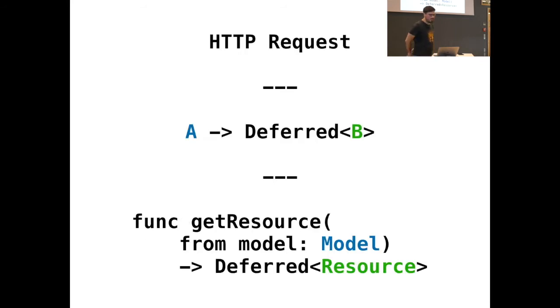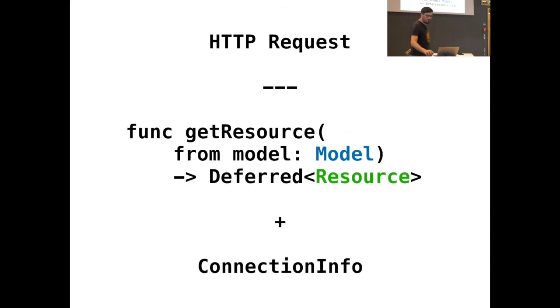Now, let's see a use case for our HTTP request. For example, we would like to add some connection info. The HTTP request is actually a complex process, and when the request completes and we have the resource, for logging purposes we would want to accumulate some connection info.